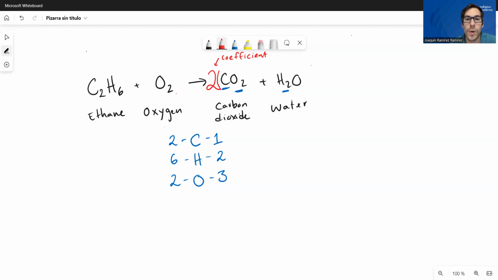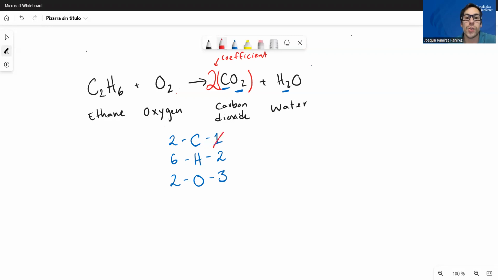So this number 2 affects the whole molecule, okay? So I can multiply this large 2 by the number of atoms that are inside this parentheses. Usually we don't write the parentheses, but I will do it this time so you can understand that the coefficient affects the whole molecule. So these 2 affects all of the atoms inside. So I have 2 plus 1.